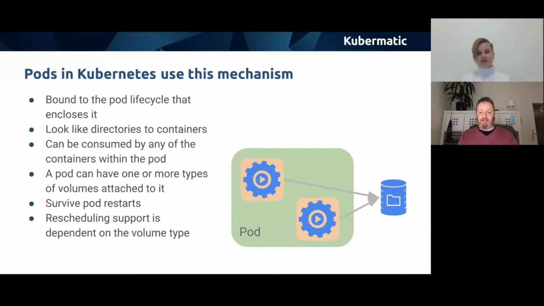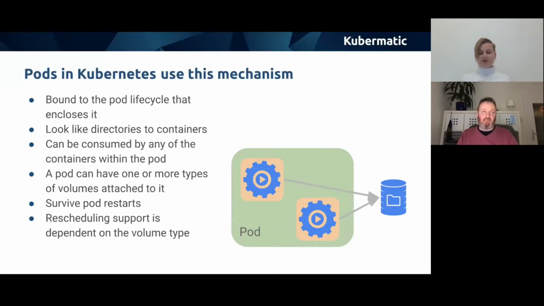They are bound to the life cycle of the pod. The volume itself is provided by Kubernetes, but it is bound to the pod. Look at them as some kind of directories.